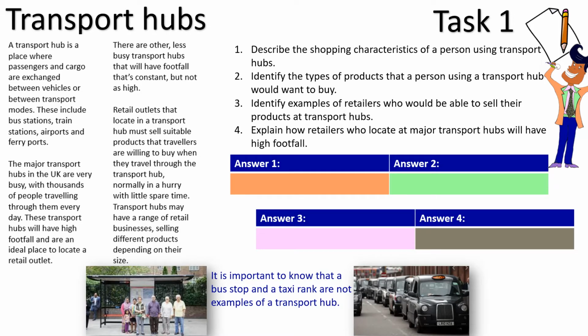So we've got to look at how is this good for footfall for retailers? Think of an example to help you explain why high footfall is a big thing for these transport hubs. And put the answer in the grey box for answer 4.